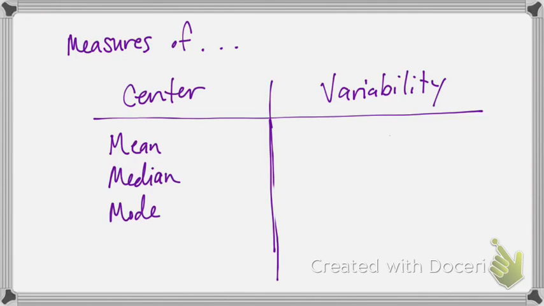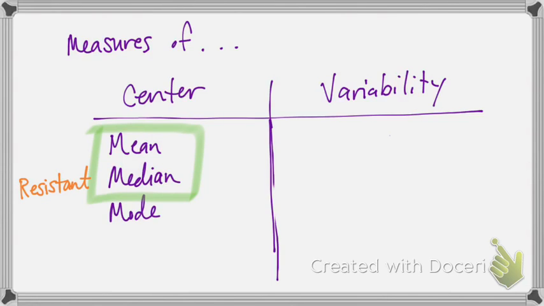Mean, median, don't report mode. I don't report the mode at all. It's just kind of there, but it's irrelevant. Now, when I'm talking about being resistant or not resistant to outliers, which one is resistant? Median is resistant. That means that it's not affected by outliers.